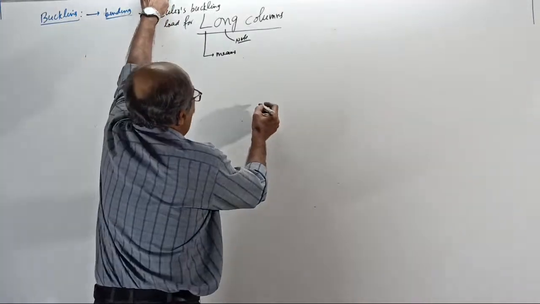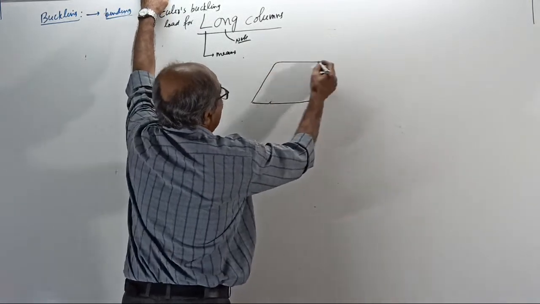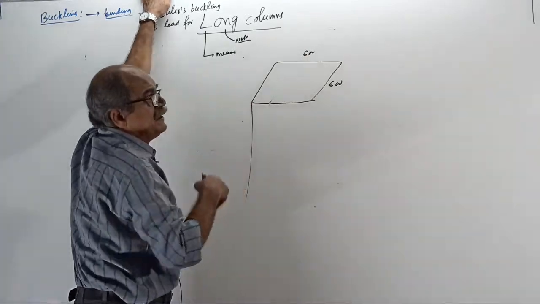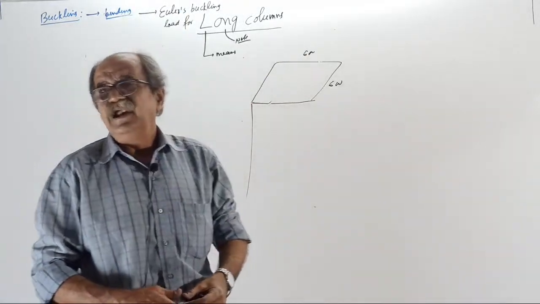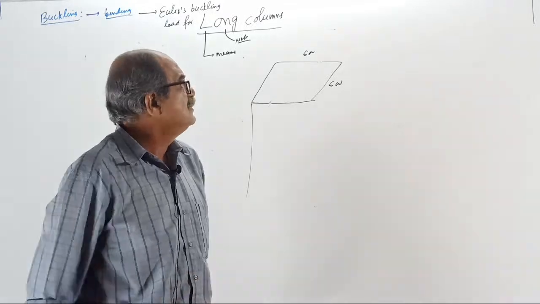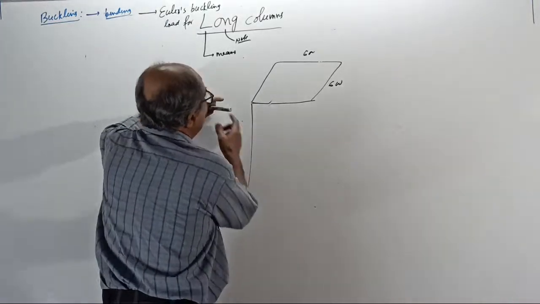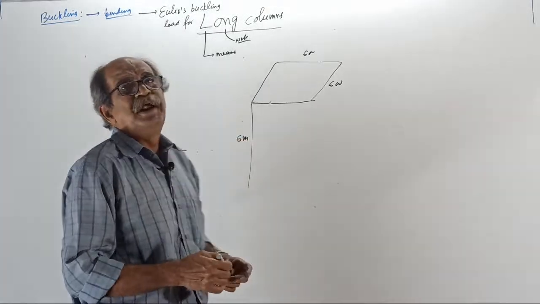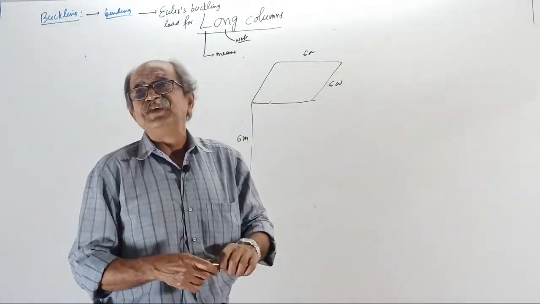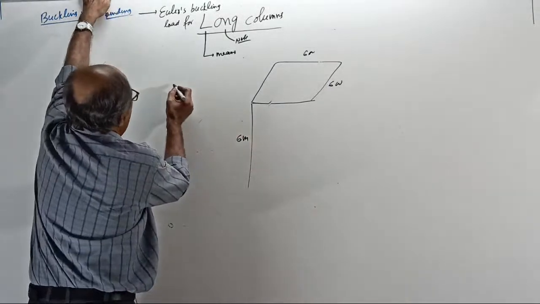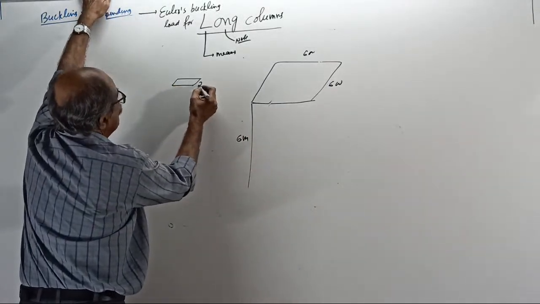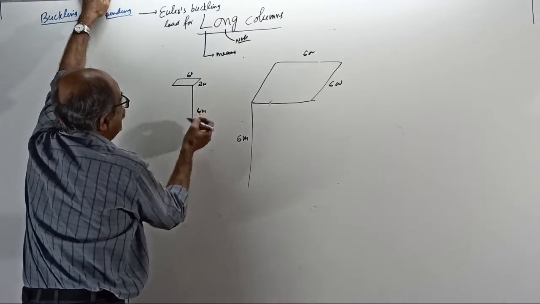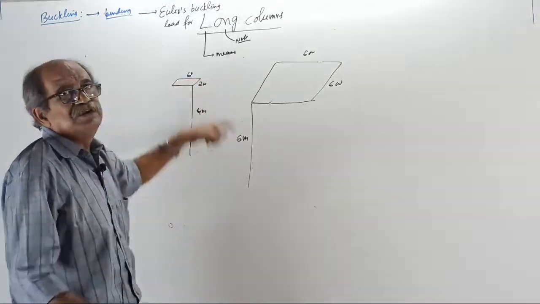Suppose there is a huge cross section, say 600 by 600 RCC. Even if the length is 6 meter, 6,000 by 600, the ratio comes to only 10. Up to 12 in RCC, we take it as short. Whereas for a slender column of 200 by 600, even if the length is 4 meter, it is a long column: 4,000 by 200 is 20.